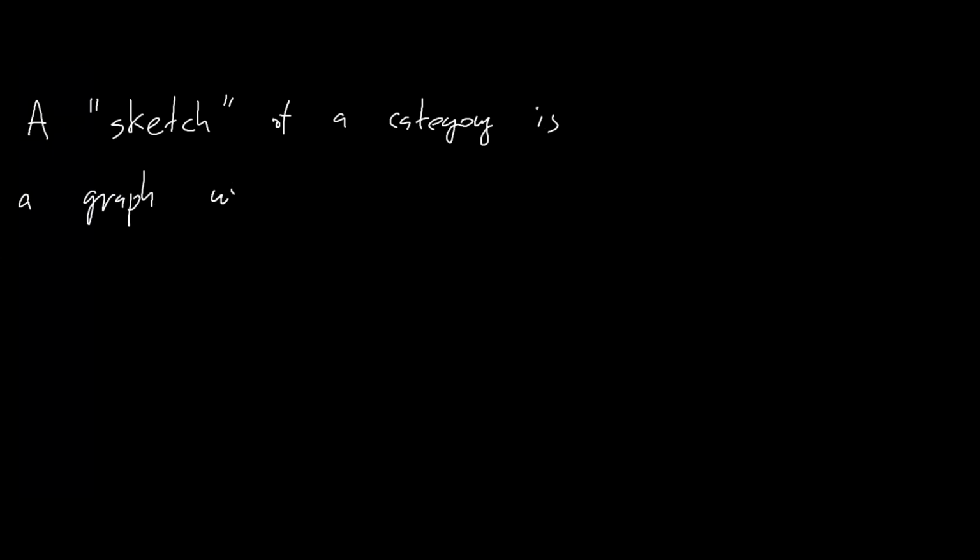Okay, so a sketch of a category is a graph with an equivalence that does not need to satisfy any axioms.